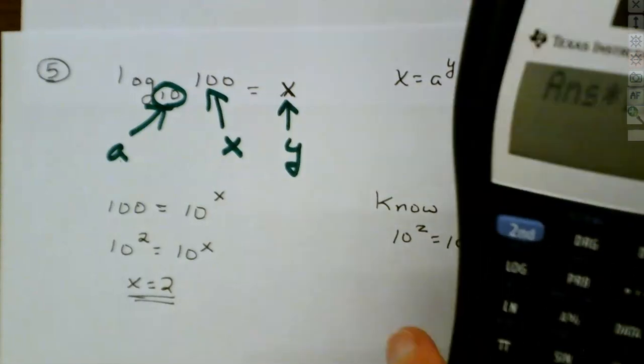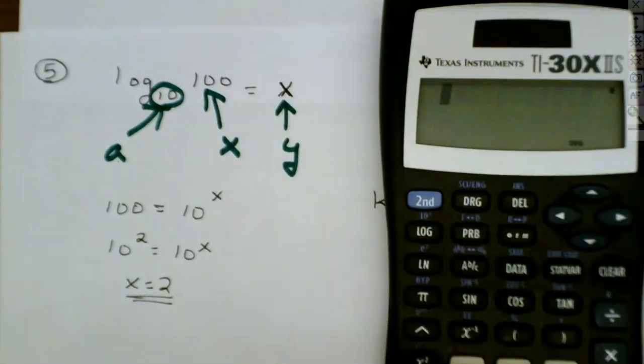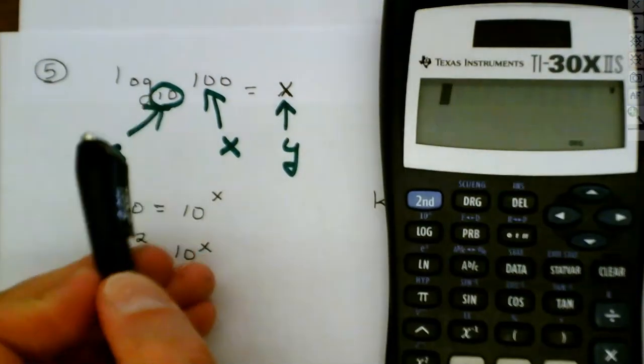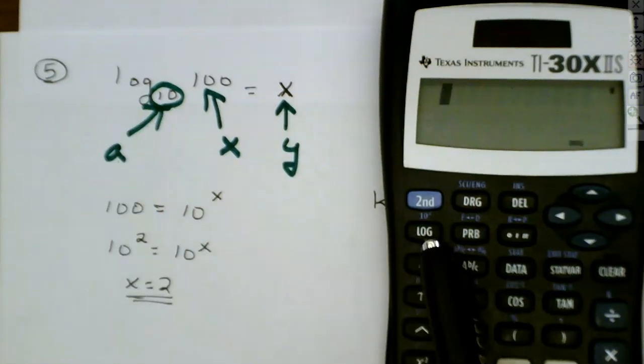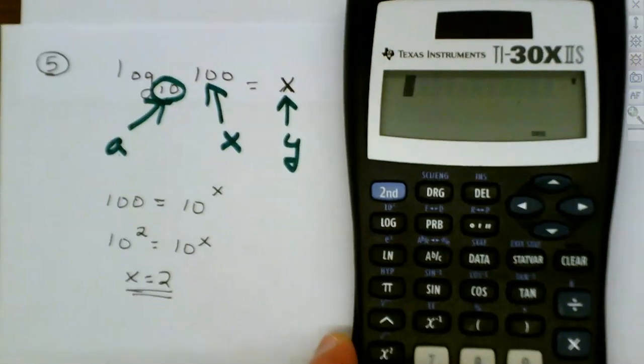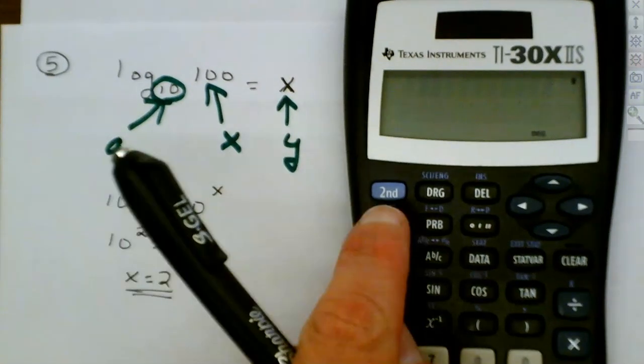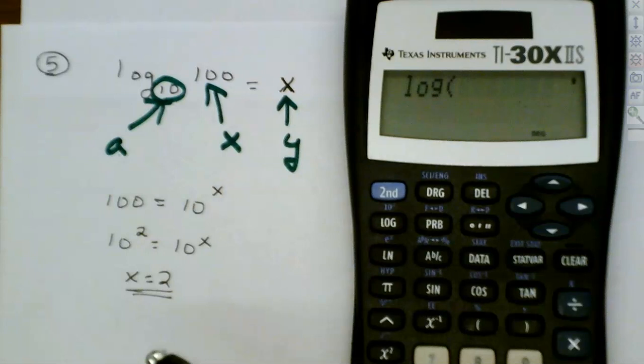So as long as that's a 10, you can use the log key in your calculator. So we'll get the same answer if we type log of 100. What does that give you? The same answer of 2.